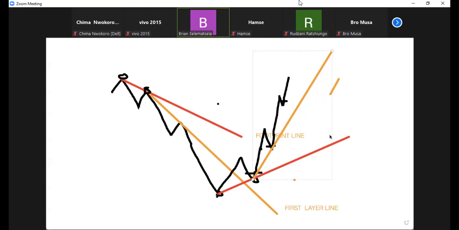So that we can know when we should actually pull out, because we know when the market is about to start going in the opposite direction. So now we use the first layer.